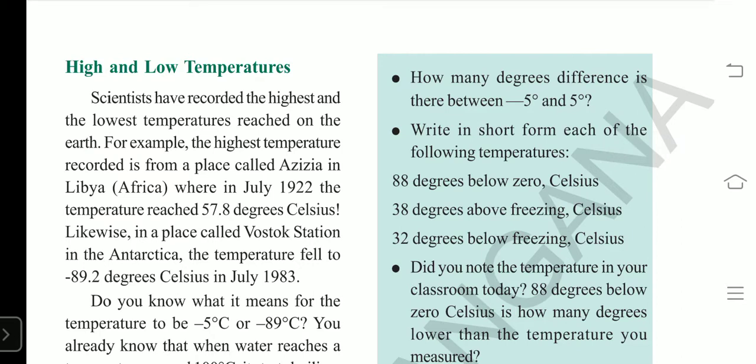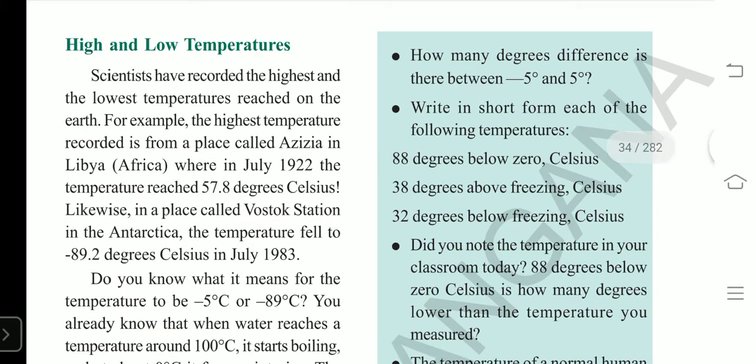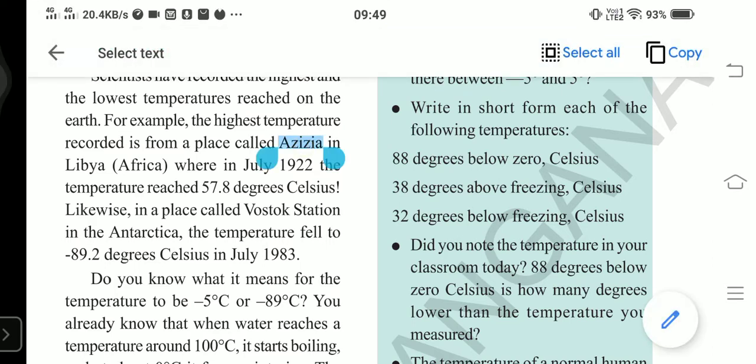Here scientists have recorded the highest and lowest temperatures in the world. For example, the highest temperature scientists have recorded is from a place called Ajijia. Ajijia is a place in Libya, in the African continent. There they measured the temperature in July 1922, and it was 57.08 degrees Celsius.